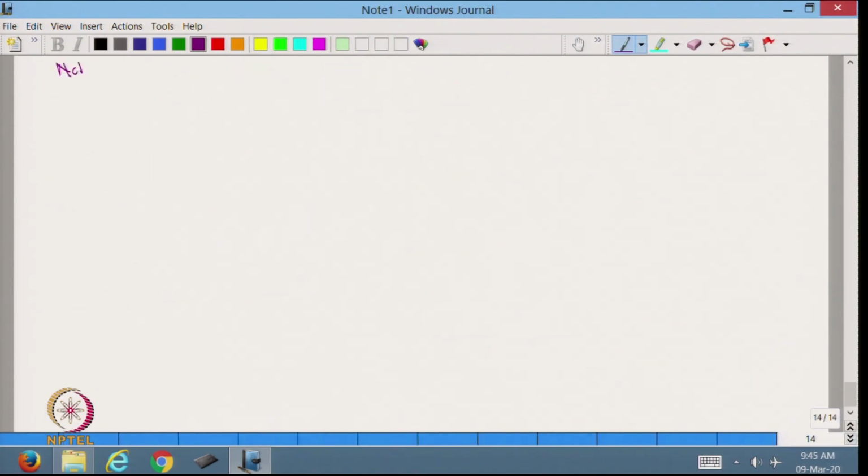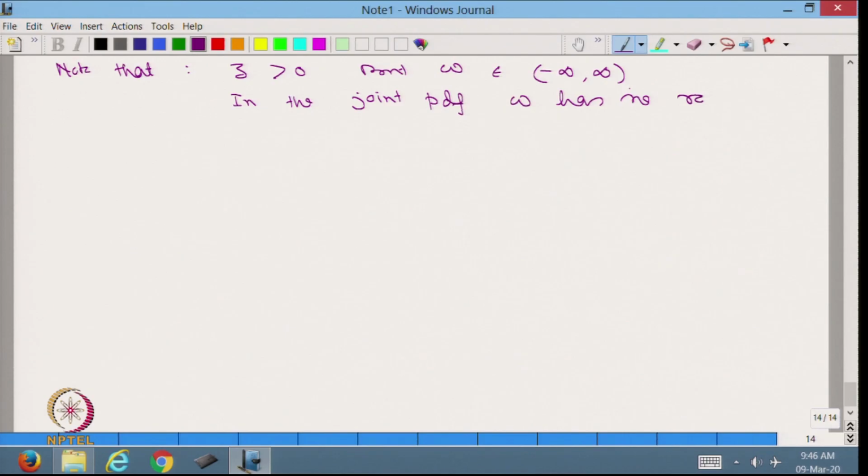Note that z is greater than 0, but w belongs to minus infinity to plus infinity, and also note that in the joint PDF w has no role.